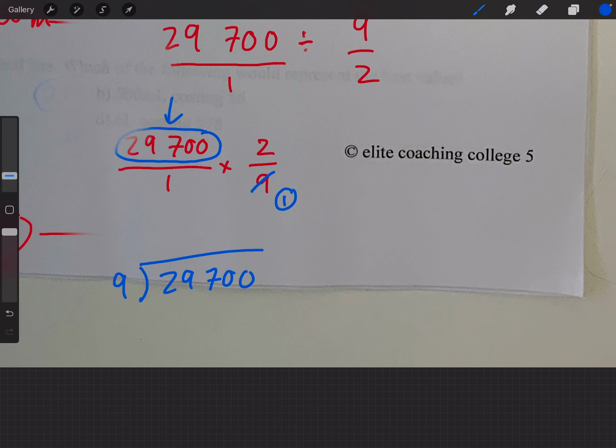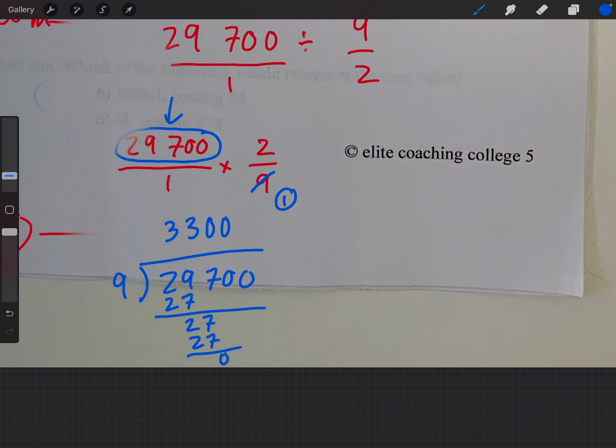So divide this by 9 and you can see that it's going to be 3 here. 3 times 9 is 27. Take away, you get a remainder of 2. Bring down the 7. Divided by 9 again, it's going to be 3 again, so that'll be 27. Now we bring these zeros back up here, and that's the answer.